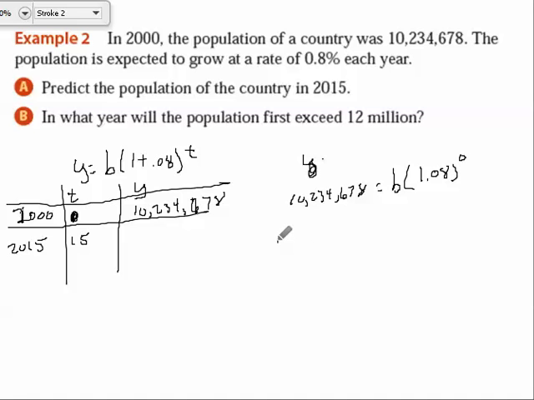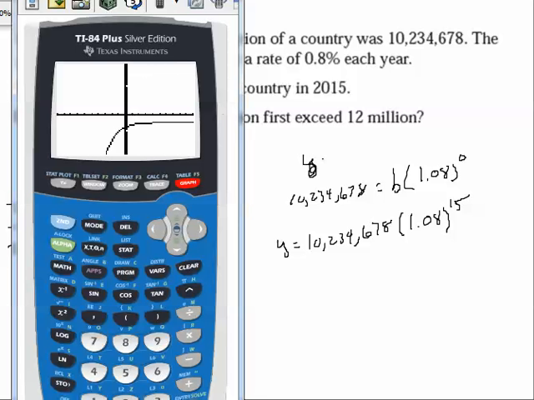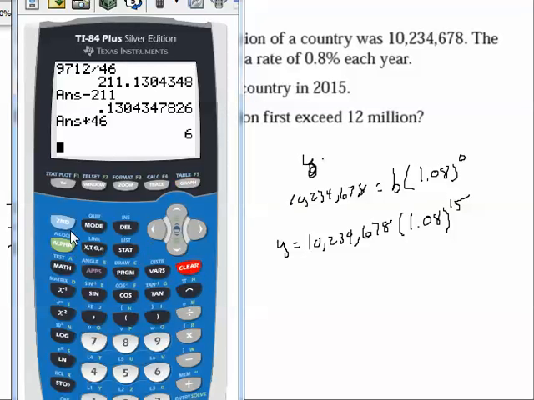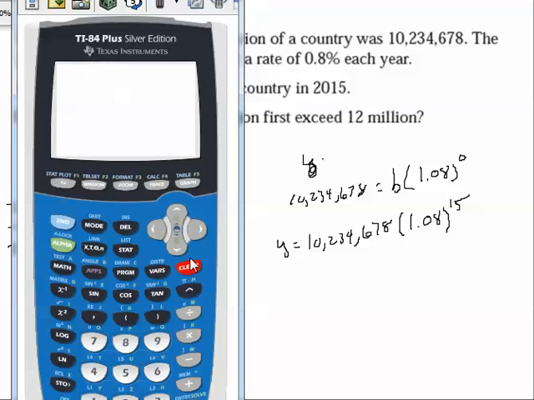Can I find what it would be at year 15? Sure. It's going to be y is equal to 10,234,678 times 1.08 to the 15th power. Wow, large number. Let's go back to our calculator here and do a little bit of calculation with that.